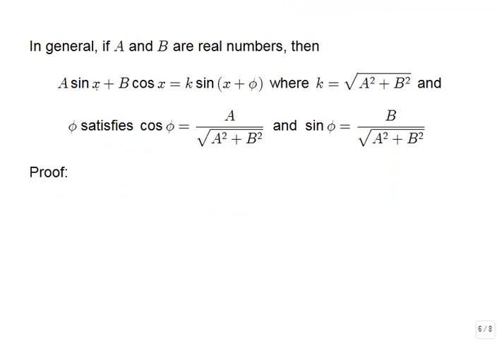If you have anything of that form, you can always turn it into some constant k times sine of x plus phi, and this is the Greek letter phi. K turns out to be the square root of a squared plus b squared. And to figure out what phi is, cosine of phi is a over this big square root, and sine of phi is equal to b over this big square root.